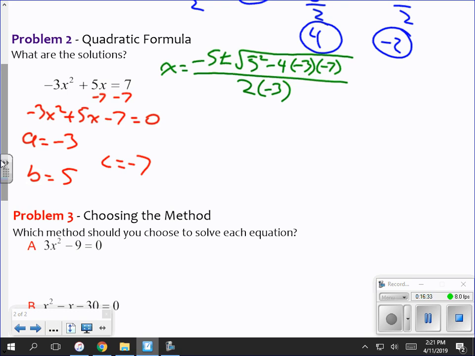Okay. Go ahead and start simplifying it. It should be, so it's -5, because it's minus B, -5 plus or minus the square root of 5 squared, minus 4 times A, which is -3, times C, which is -7, all divided by 2 times A, which is -3.